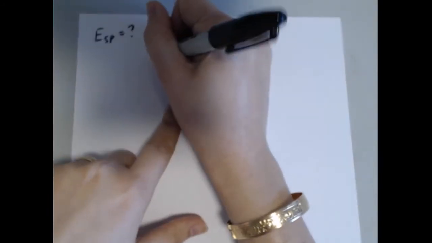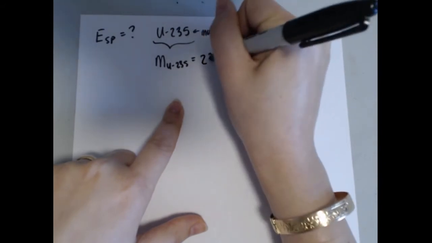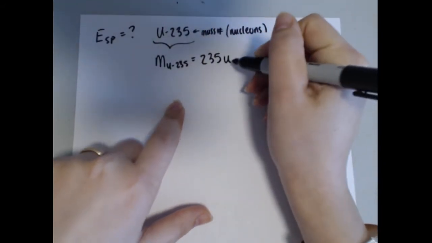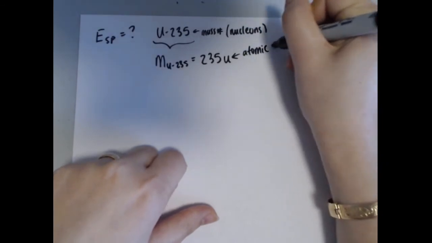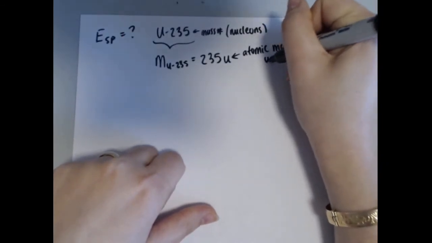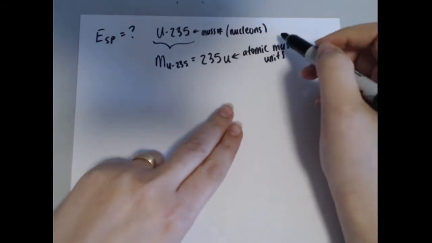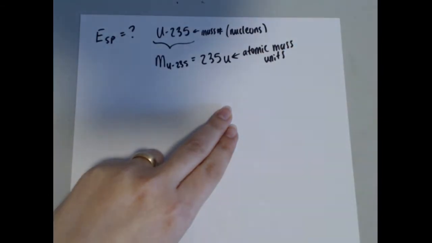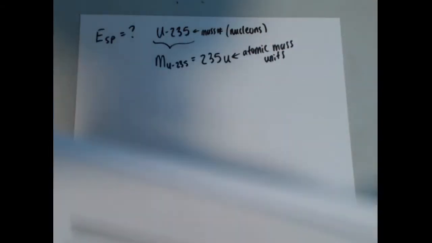So that means the mass of uranium-235 is 235 atomic mass units, which is what that u is here. Atomic mass units are an overall approximation of the mass of a nucleon. So what you need to do now is take out your formula booklet. You should already have it. In your formula booklet, you're going to turn to the page of constants.